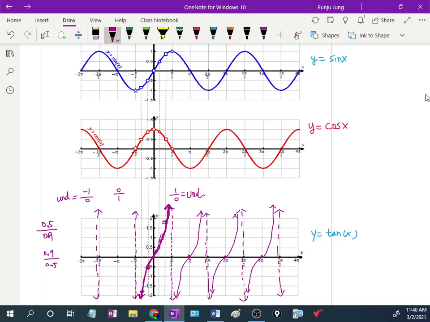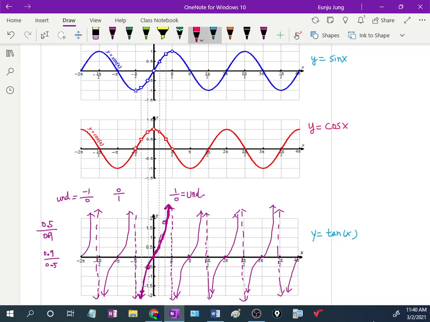So we can graph the right hand side and left hand side. Concavity is changing. I try to graph a nice and smooth curve. Failed. Okay, let's try again. Okay, better. So we can see the graph like this. Okay, so this is the graph of the tangent function.